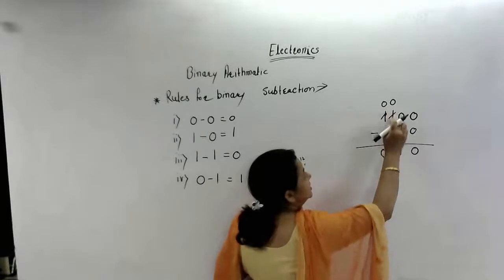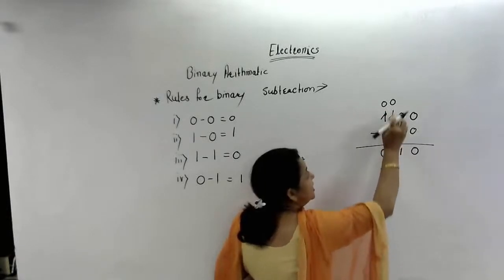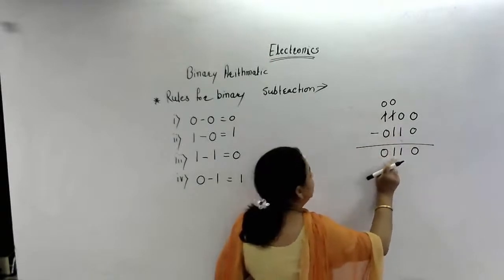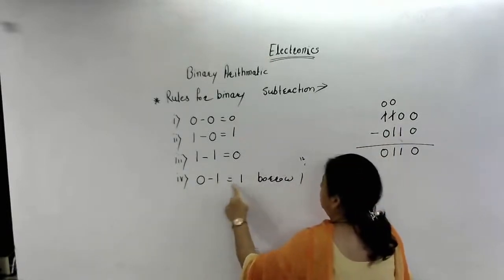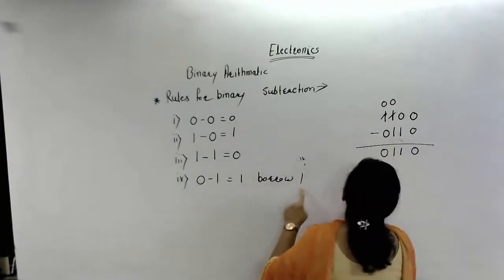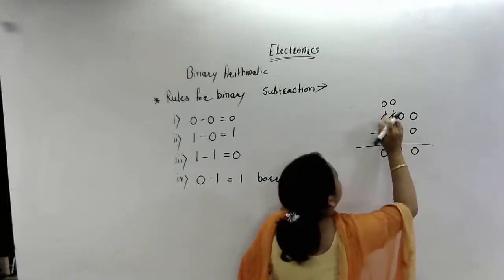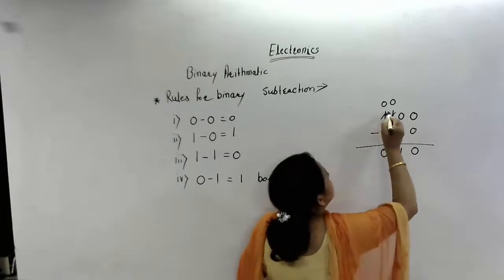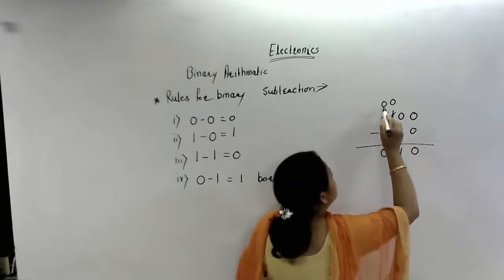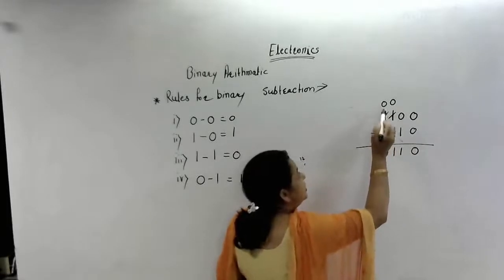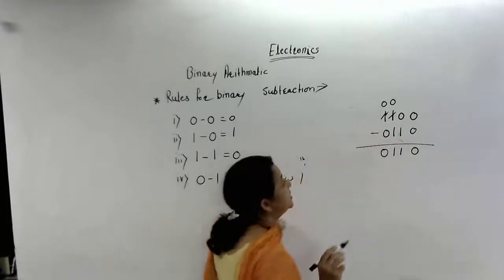Now what is the place value of this second LSB? 0 minus 1 again, answer is 1 and borrow 1. That's why we cancel this 1 and write here 0. Therefore, what are the MSB's bits now? 0 minus 0, so it is 0.